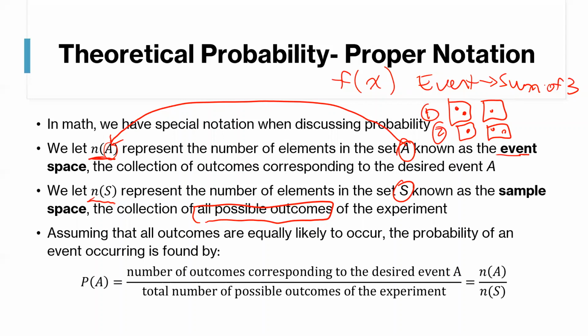So if we want to find the theoretical probability, and this is nothing new, this is basically a repeat of what we already said, all we're doing is taking the number of outcomes or elements that are in the event space and dividing by the number of elements that are in the sample space. That's all we're doing. We're just dividing the number of outcomes that match up with A by all the possible outcomes of the experiment.